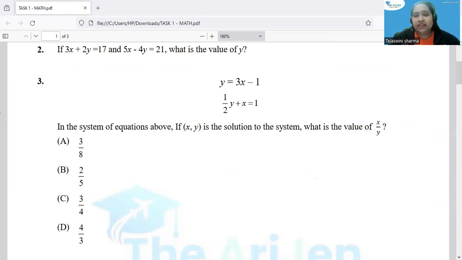We will multiply the coefficient of x from the second equation to the first equation, and the coefficient from the first equation to the second equation, and then we will have two expressions: 15x and 10y is equal to 85, and then you have 15x again, and 12y is equal to 63. When you apply the negative sign, the sign will get changed, and then you will have this.